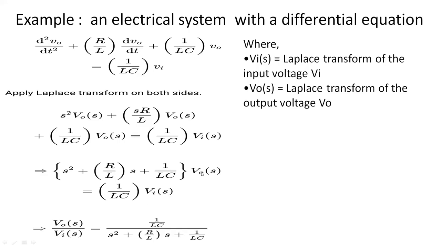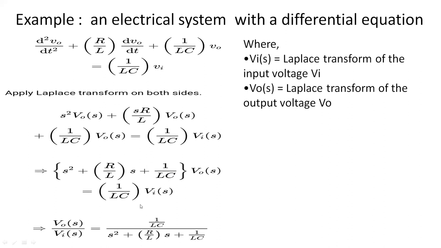So if we take V0 of S by Vi of S, because that's exactly the transfer function, or change in output by change in input, we get 1 by LC divided by S square plus R by L S plus 1 by LC. Here for S square we have coefficient one, R by L is the coefficient of S, and 1 by LC is the constant.